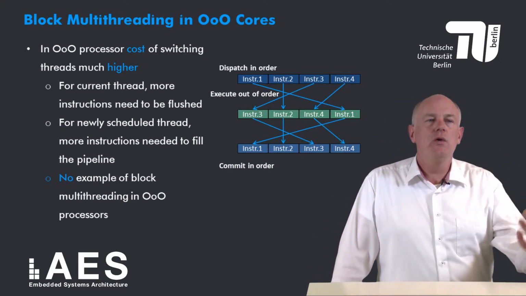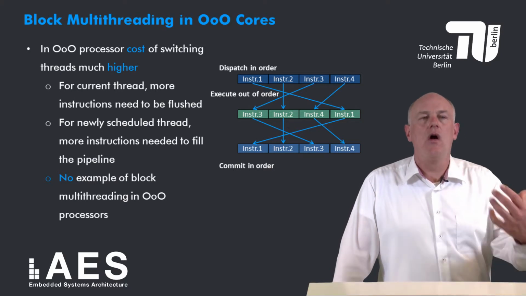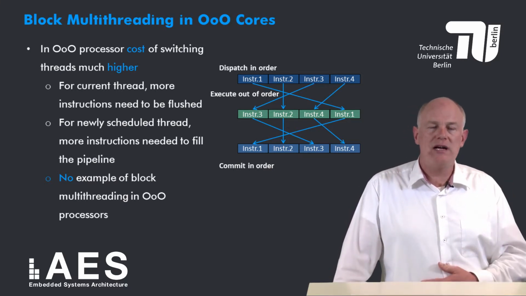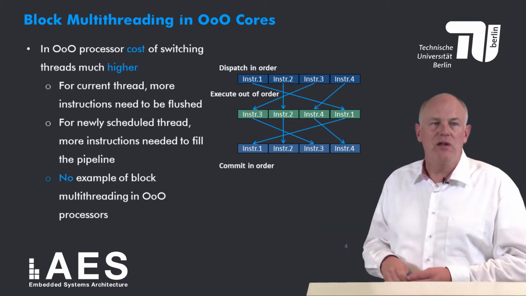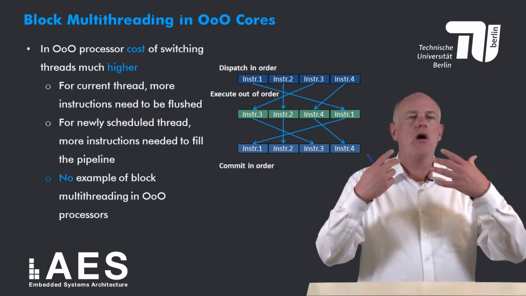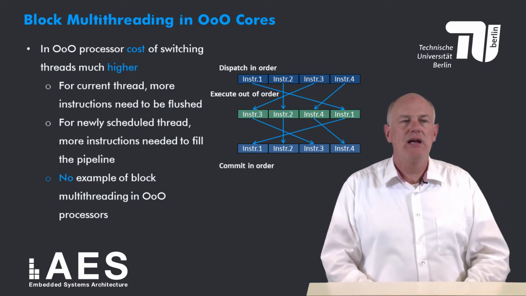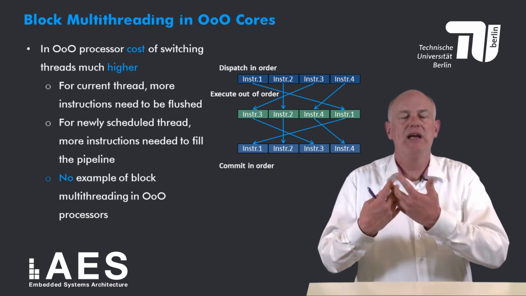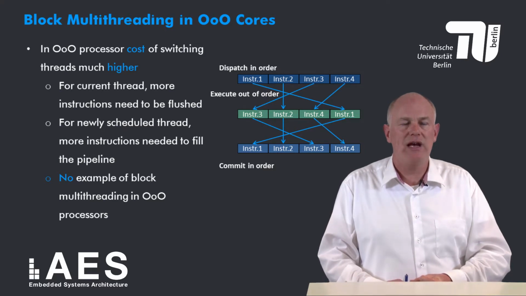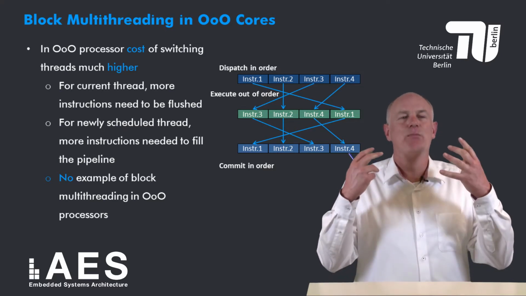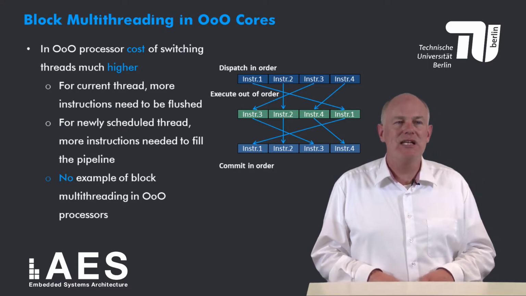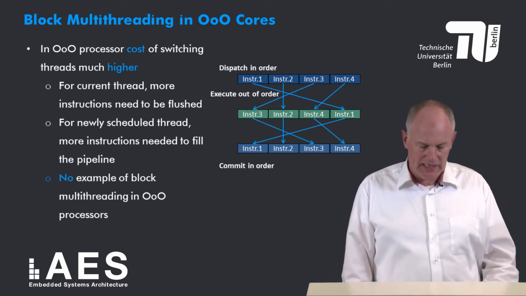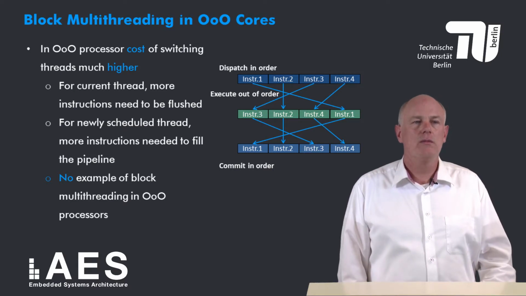Furthermore, the newly scheduled thread will take longer to warm up all the reservation stations, so it needs more instructions to fill the pipeline. So the cost of switching in a block multithreaded out-of-order core is much higher, and therefore it makes sense that there is no example of block multithreading in out-of-order cores.